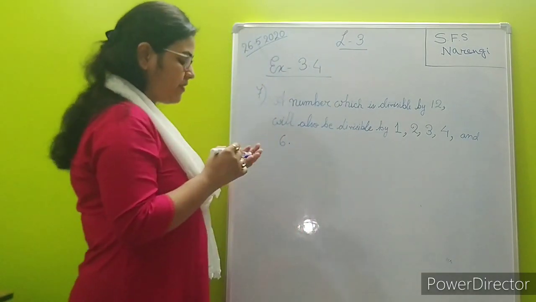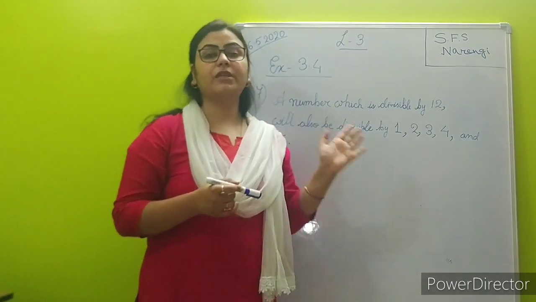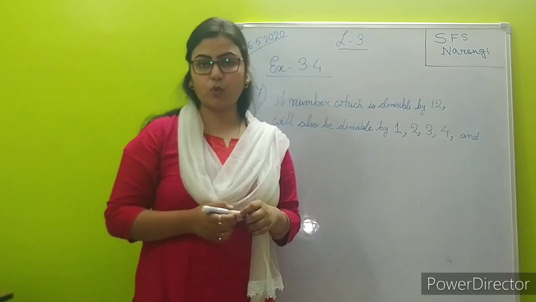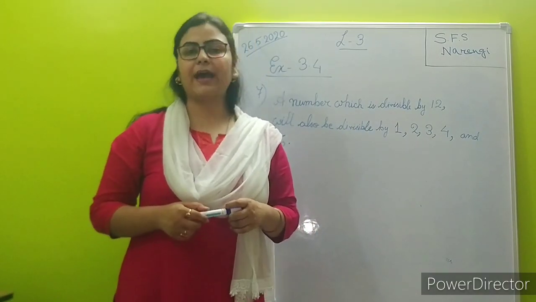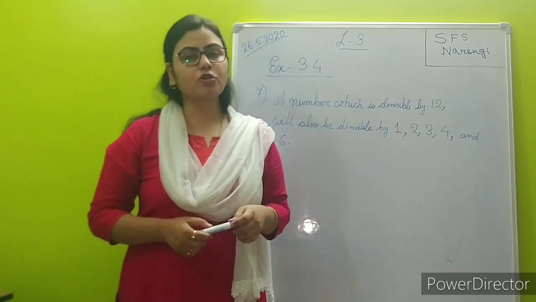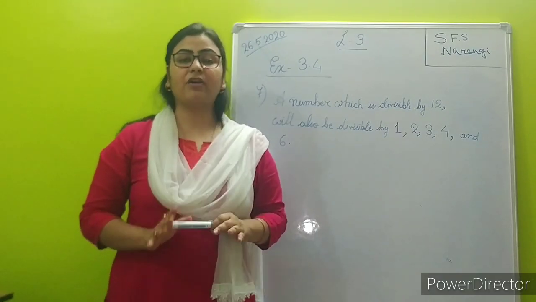A number which is divisible by 12 will also be divisible by 1, 2, 3, 4 and 6.